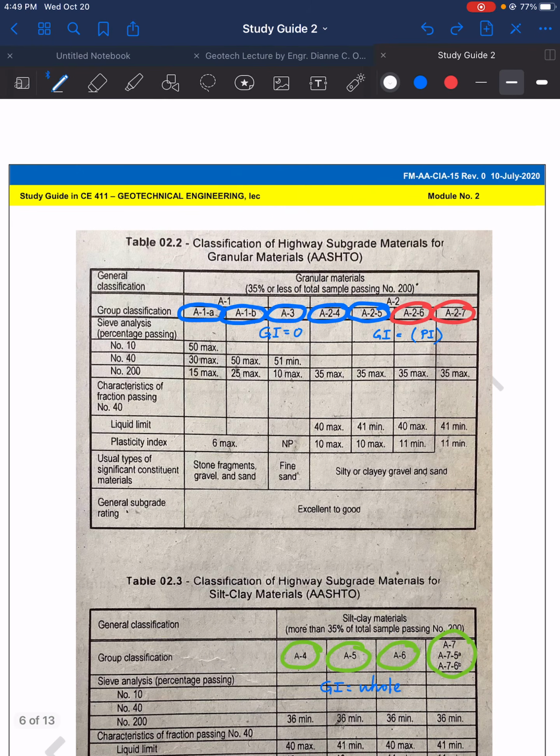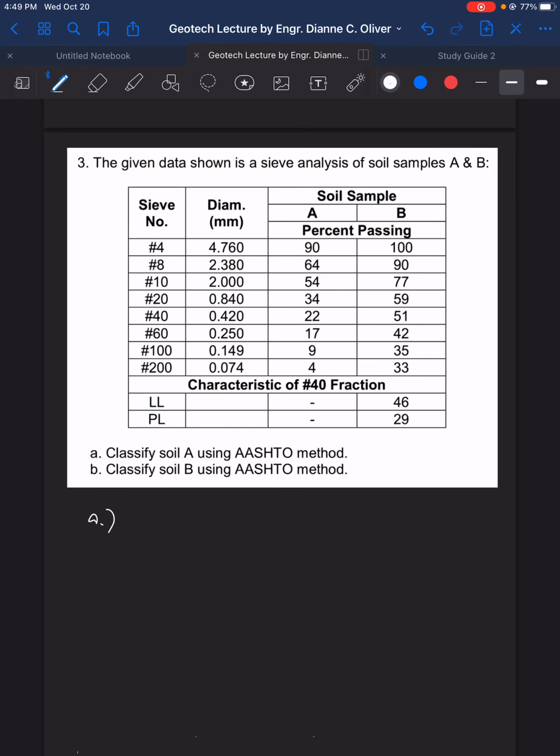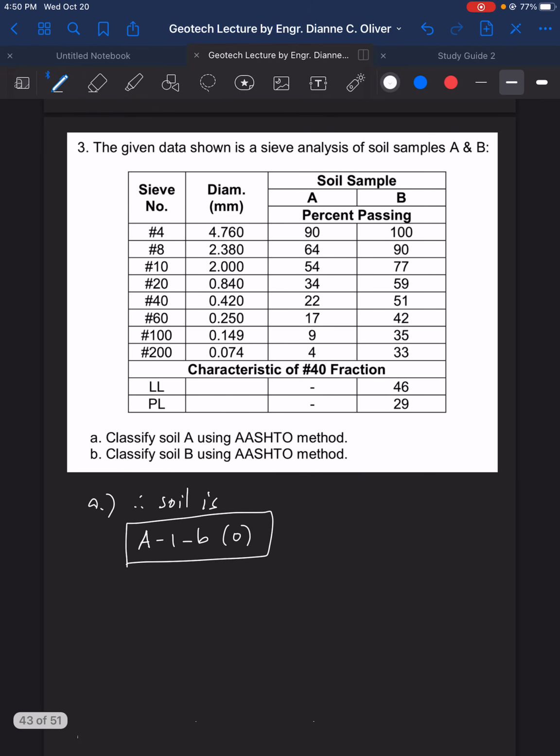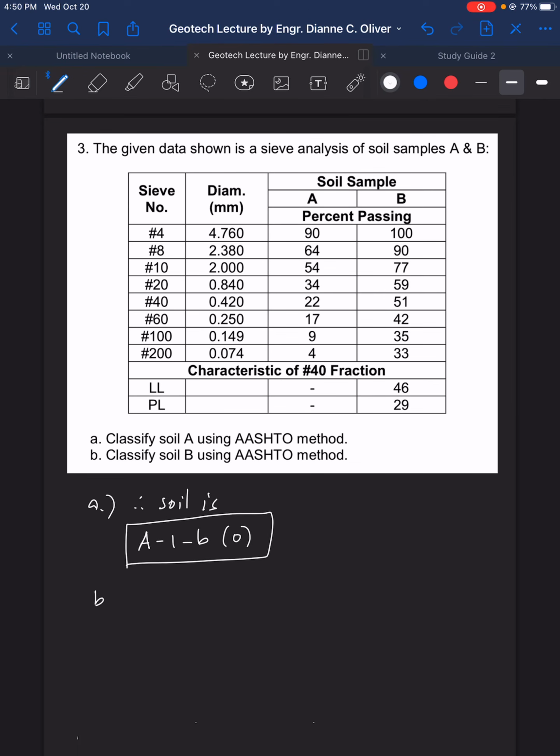If it belongs here, GI is equal to 0. Okay, so GI is 0. So we have here the classification A-1-B, and that is parenthesis 0. So it's just based on the table. Okay, now let's go to letter B.